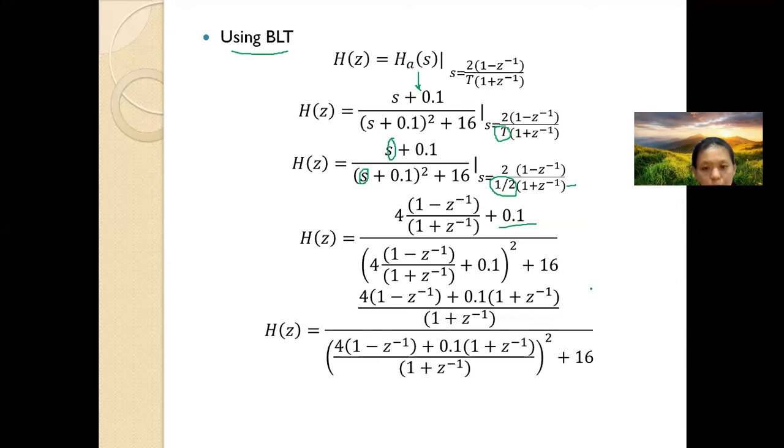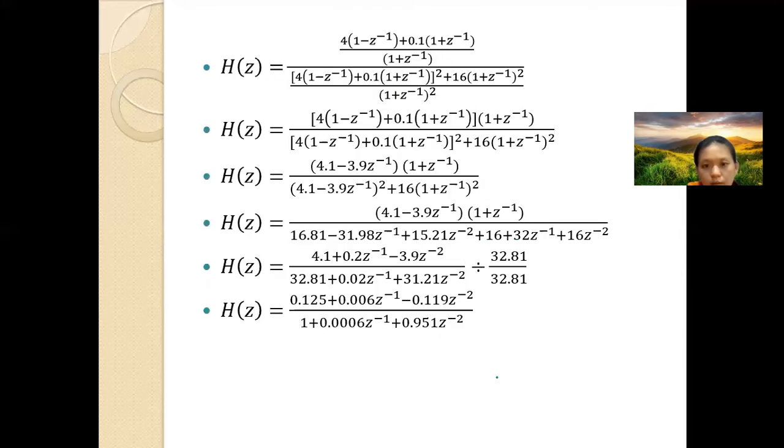After that, we expand the equation with the same numerator. Then we expand again. You will obtain 4 multiplied by (1 minus z^-1) plus 0.1 multiplied by (1 plus z^-1), divided by (1 plus z^-1) in the below. So this and this can be cancelled off, and then we multiply it.